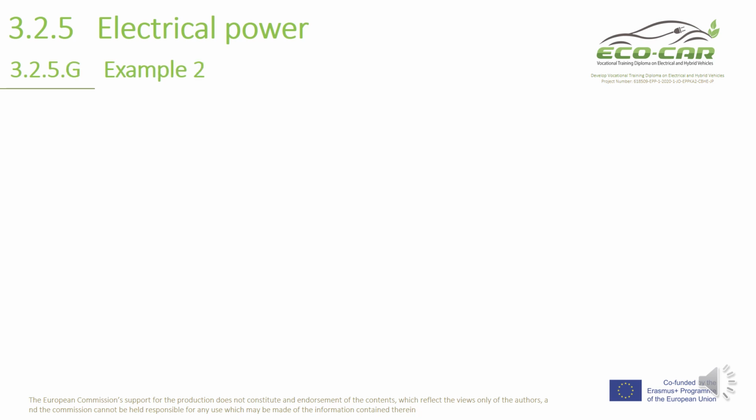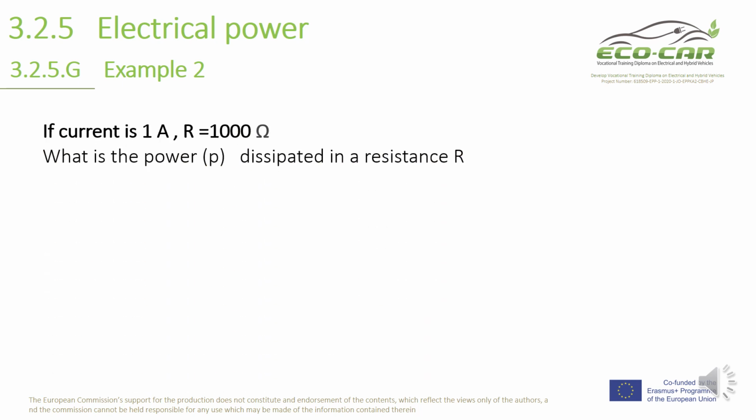Let's take another example about electrical power. If the current is 1 amp and resistance equals 1000 ohms, what is the power dissipated in the resistance R, as you see in this circuit?